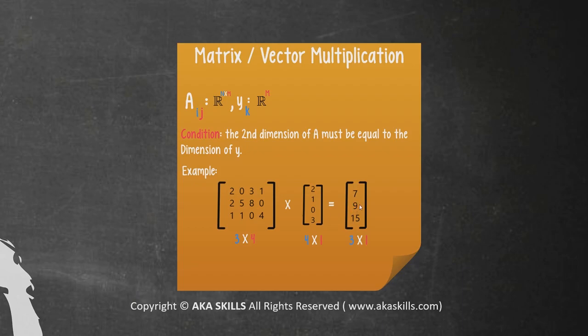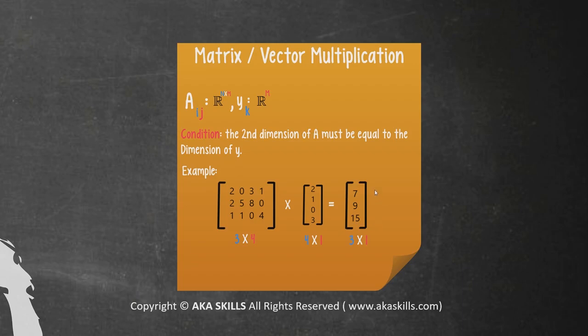Here it is. Then 1 multiplied by 2, that's 2. And 1 by 1, 1. 0 by 0, 0. And 4 by 3, that's 12. So 12 plus 1 plus 2. 12 plus 1 equals 13, plus 2, 15.